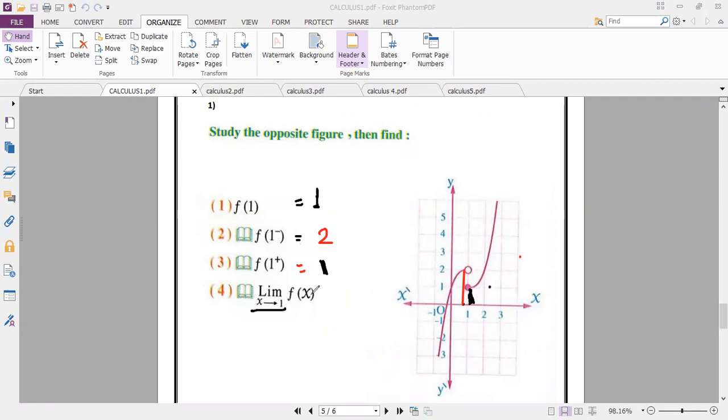Because the right limit is not the same as the left limit, they are different. So the limit of the function when x tends to 1 doesn't exist. There is no limit, okay?